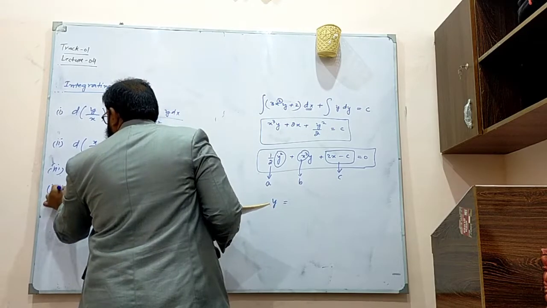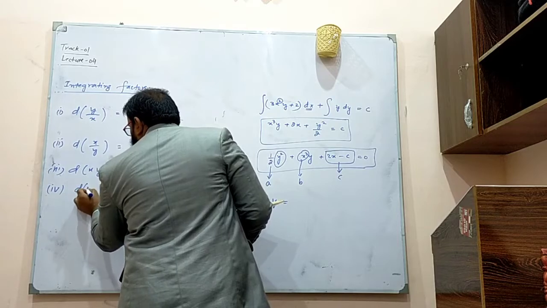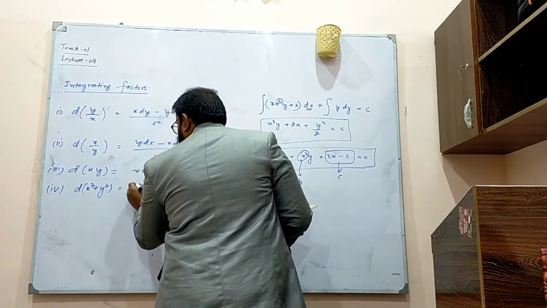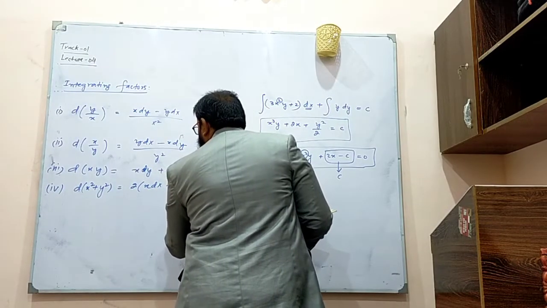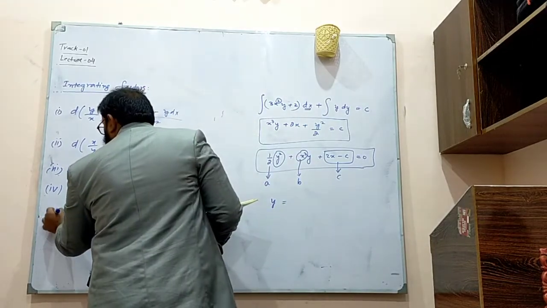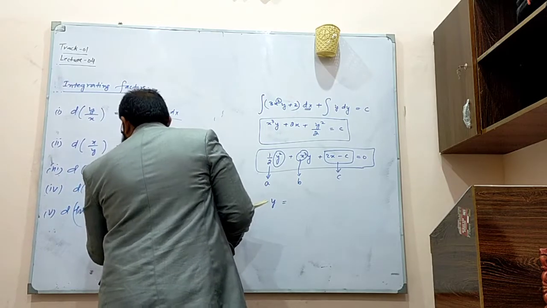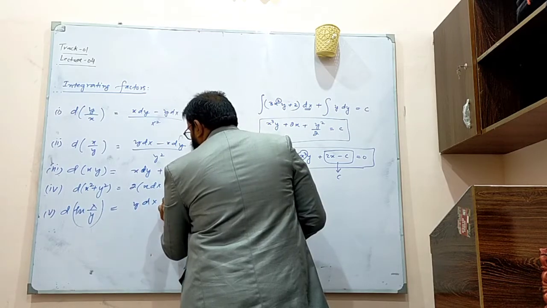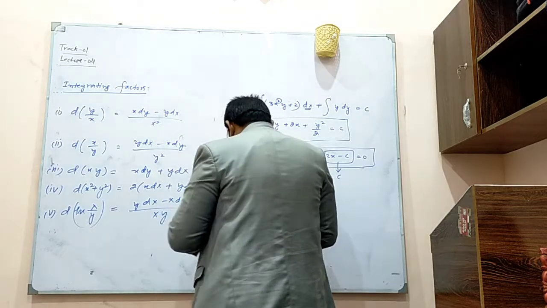Fourth one is the differential of x square plus y square, which is 2(x dx plus y dy). And the differential of log of x over y is (y dx minus x dy) over xy.